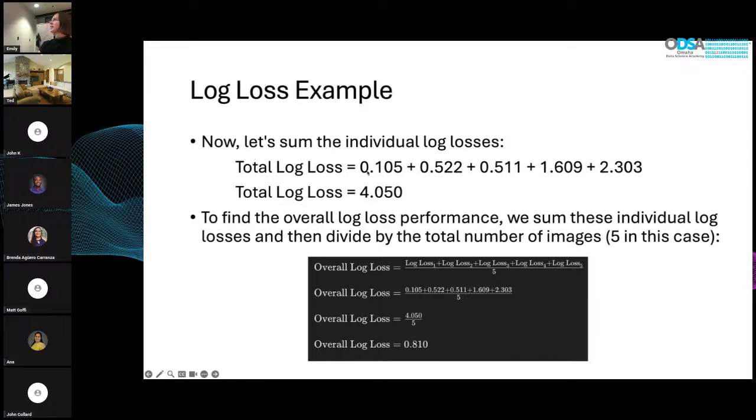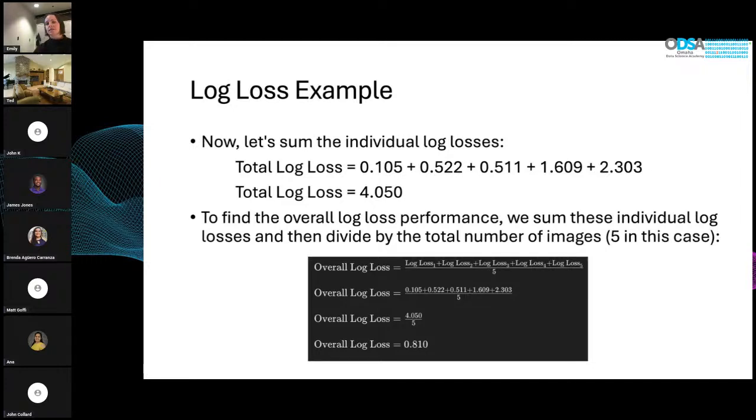Basically, we're going to add all these numbers together: 0.105, 0.522, 0.511, 1.609, 2.303, and then we're going to divide by the number that we have, 0.8.